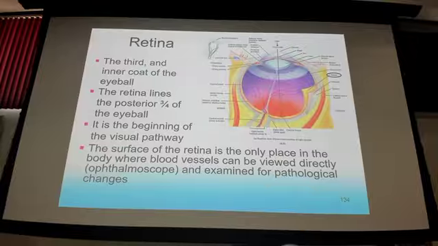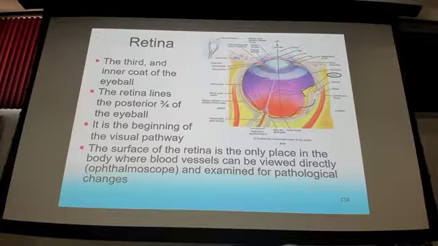All right, and then the inside layer is the retina. During image processing, we'll talk a lot about the retina, but here's the retina. The retina lines the posterior three-quarters of the eyeball. If we were to come up here and look at the front, this white area inside is the ora serrata, and the retina actually starts there, is attached, comes all the way down the back of the eye, skips that area, we'll get to that, and then goes all the way back around.